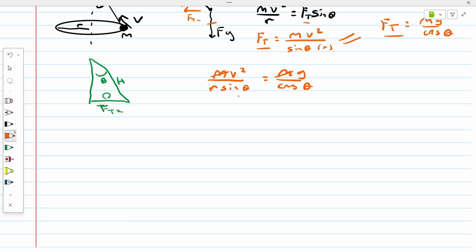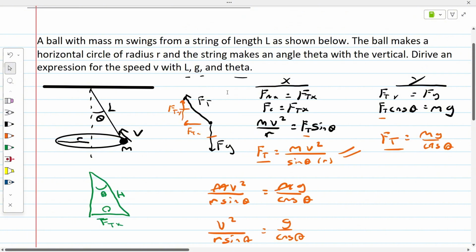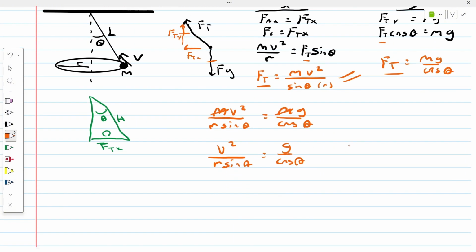Let's rewrite our equation. So we have v squared over r sine theta equals g over cosine of theta. So what are we allowed to have in this final equation? We can only have L, g, and theta, and we're trying to solve for v, but we still have this r.